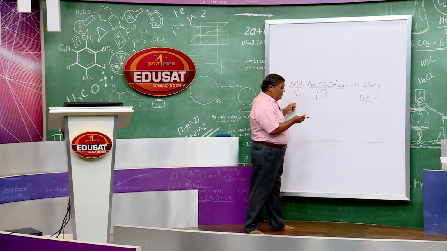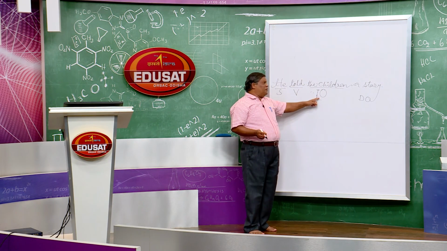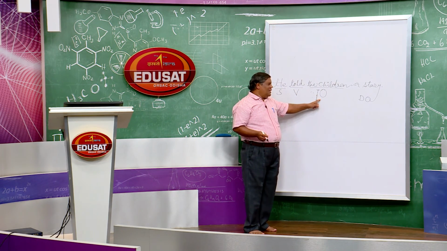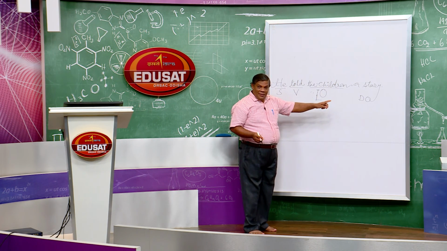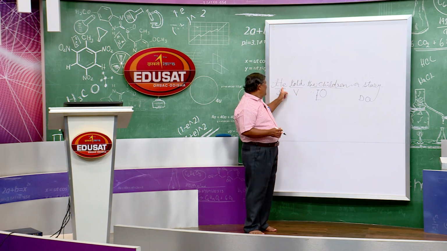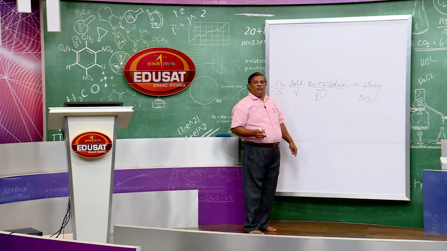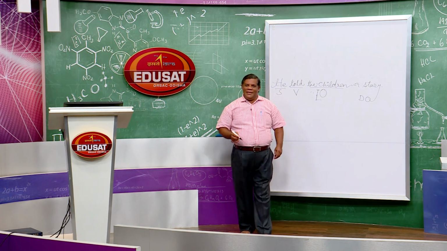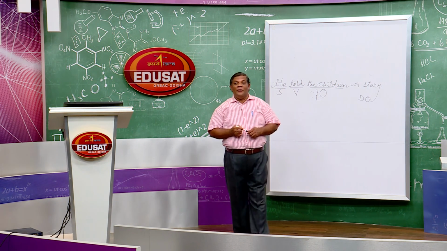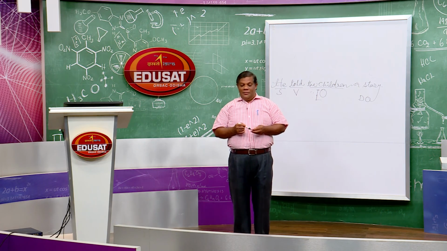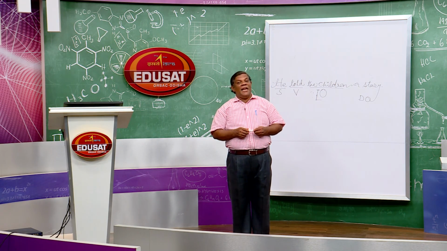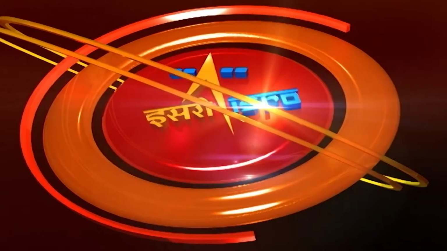Usually when we make a sentence, the IO comes first, the indirect object, then comes the direct object. We cannot say, he told a story the children. English does not accept it. So, we need both the objects for passivization. This is called a ditransitive construction.